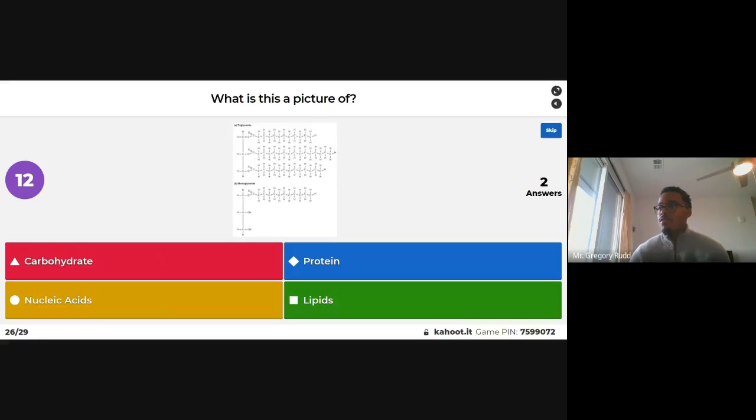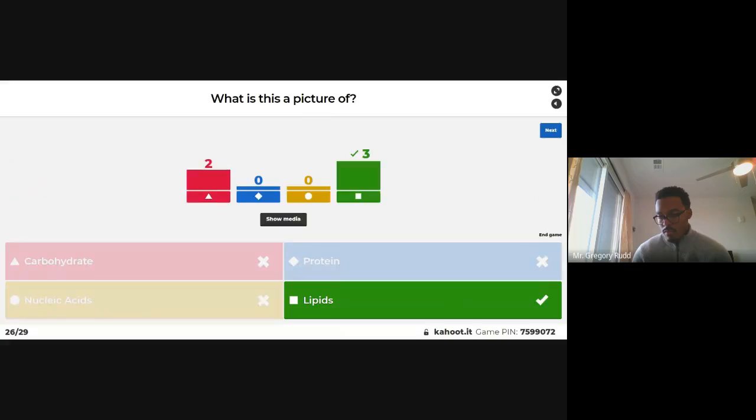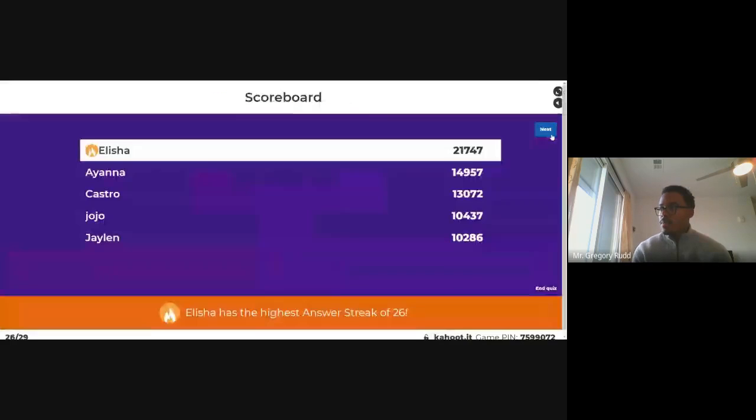It has a backbone and some tails coming out of the backbone. Lipids.